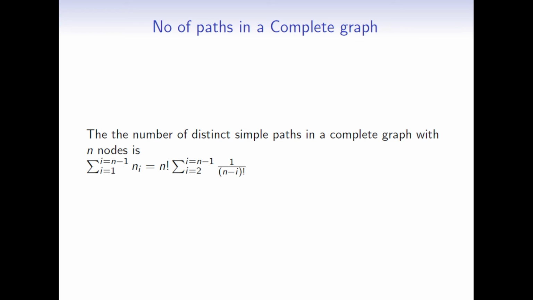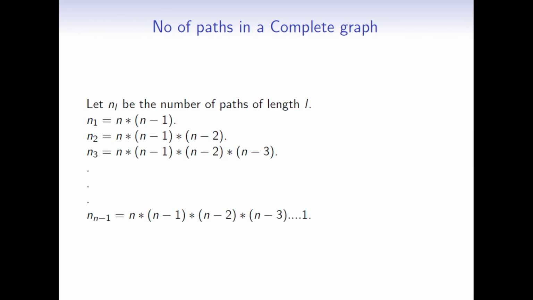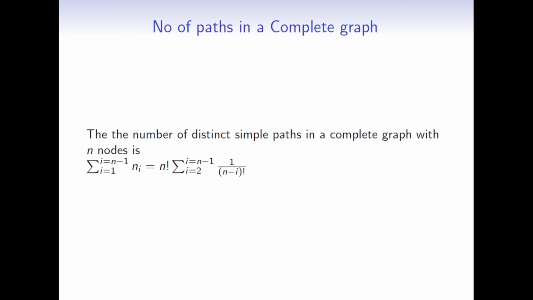Similarly, when I divide factorial n by factorial n minus i, I get exactly what is written in these equations. So you get a clean formula: the number of distinct simple paths in a complete directed graph with n nodes is exactly equal to factorial n times the summation of i from 2 to n minus 1 of 1 by factorial n minus i. If you want it for an undirected graph, we can derive similar formulas.